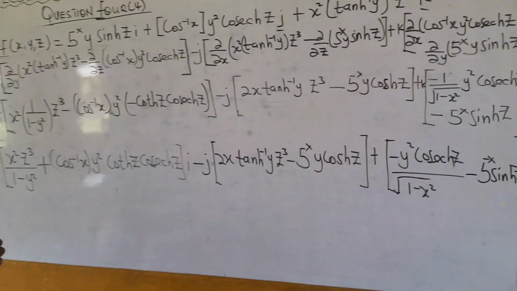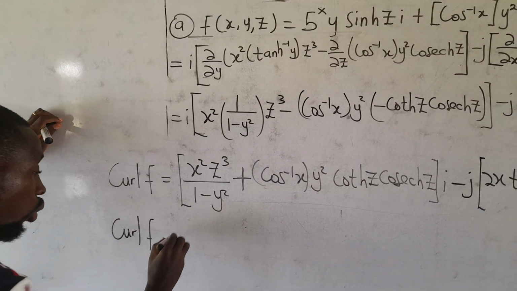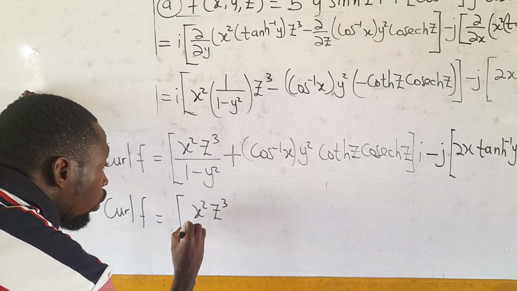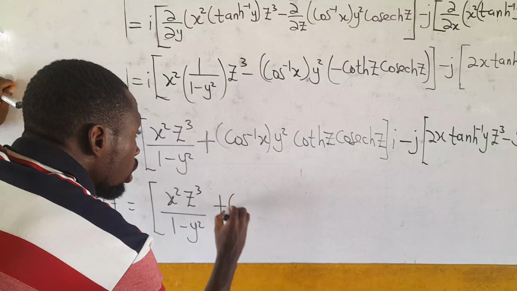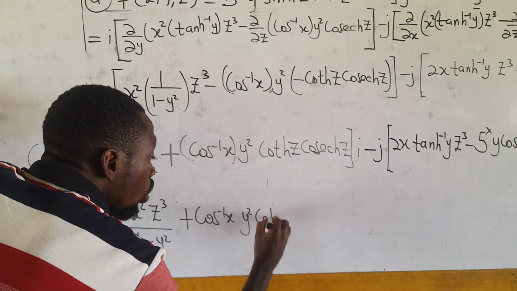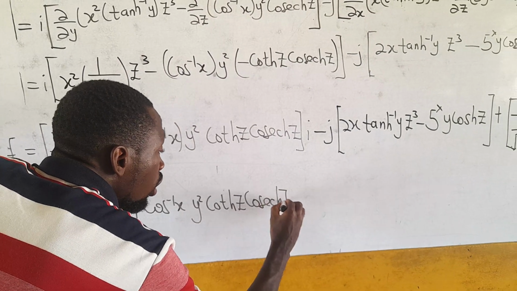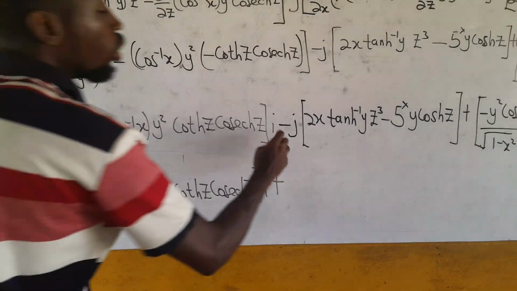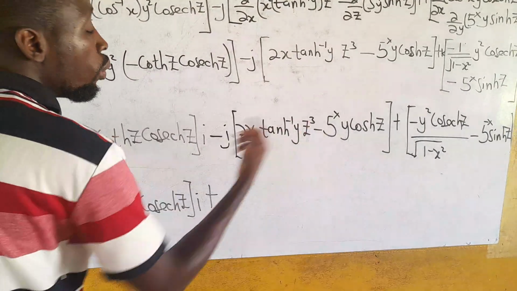We can still polish this further. Then we say that the curl of f will be equal to x squared z cubed over 1 minus y squared, then plus cos inverse of x y squared cosh z cosec z, all that in the i direction. Then I want to say plus, so that I'll distribute this over it. So when this multiply this, it will be positive, then this will be negative. So we'll bring that one first.